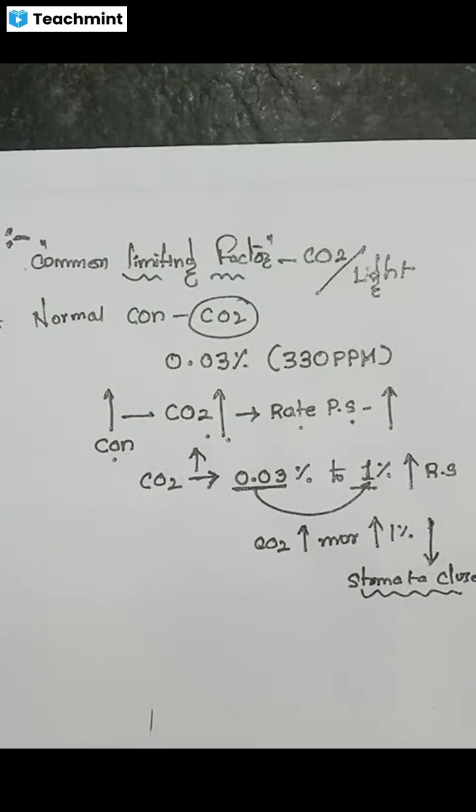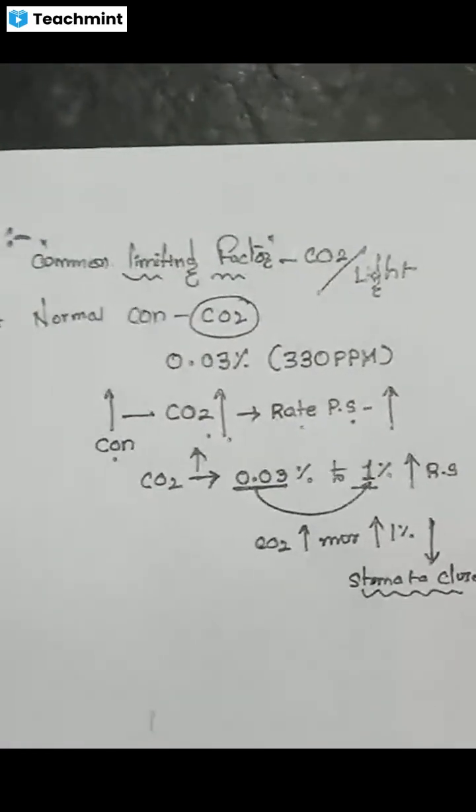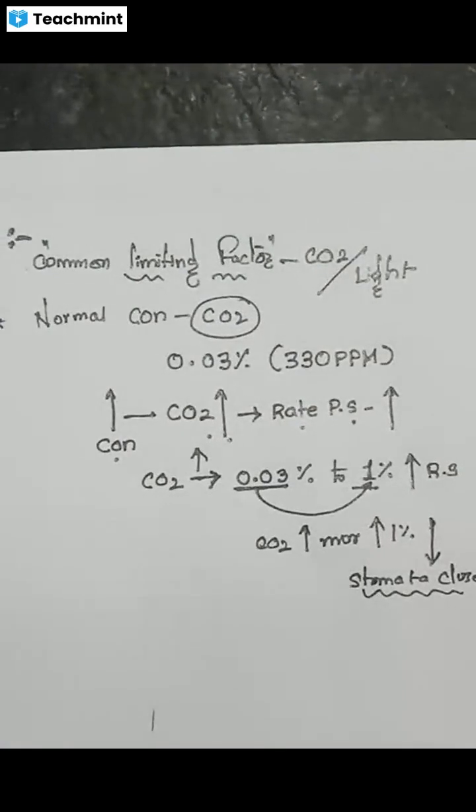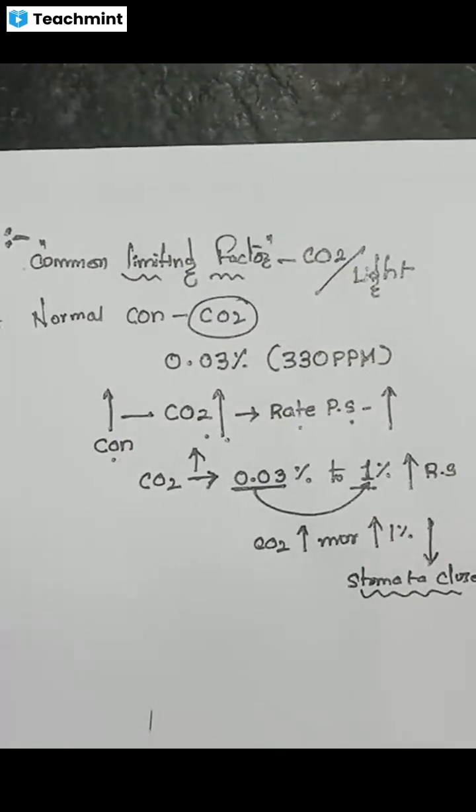Thereafter light. The normal concentration of carbon dioxide is 0.03 percent or 330 ppm.